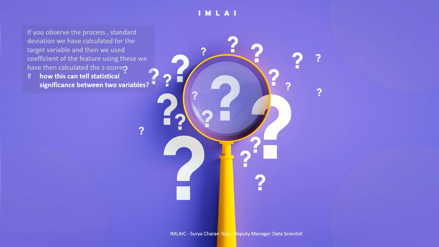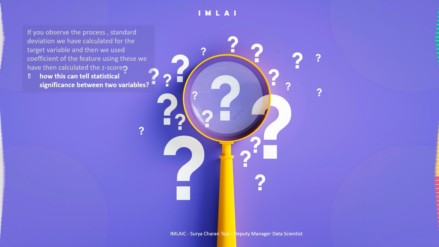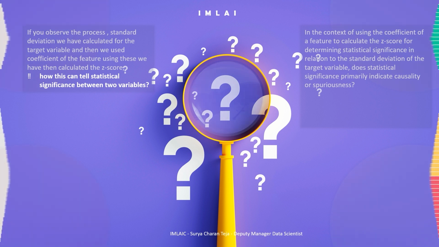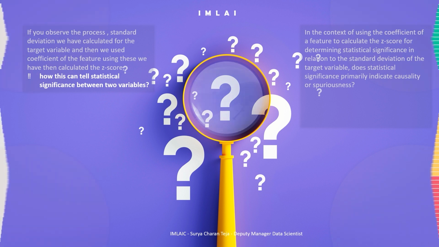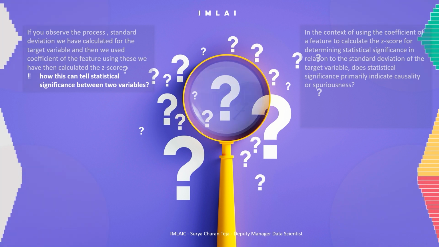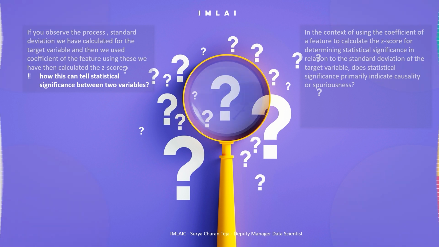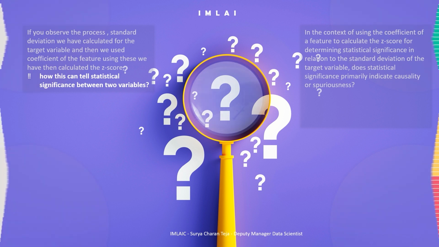So then this leads to another question. In the context of using the coefficient of a feature to calculate the z-score for determining statistical significance in relation to the standard deviation of the target variable, does statistical significance primarily indicate causality or spuriousness?